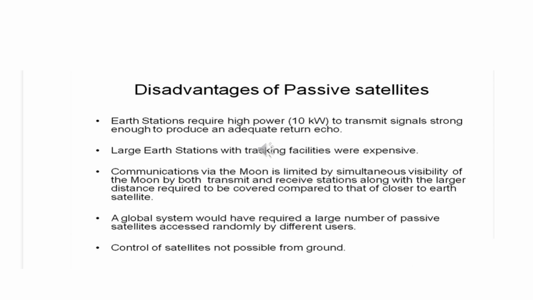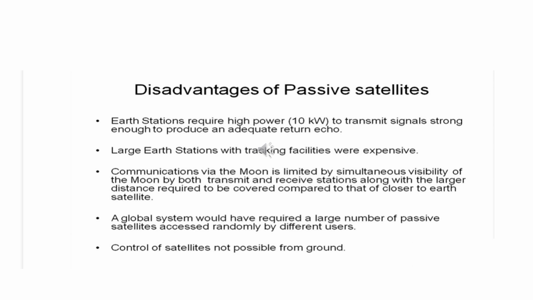The third one is that communication via the moon is limited by simultaneous visibility of the moon by both transmit and receive stations, along with the larger distance to be covered compared to closer-to-Earth satellites. A global system would have required a large number of passive satellites accessed randomly by different users. That is another disadvantage.